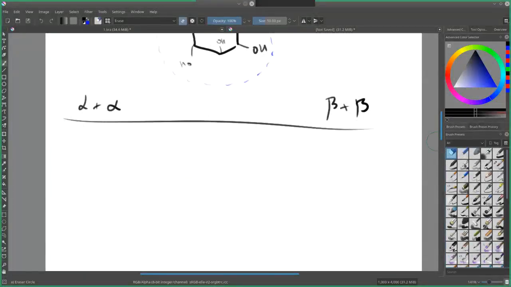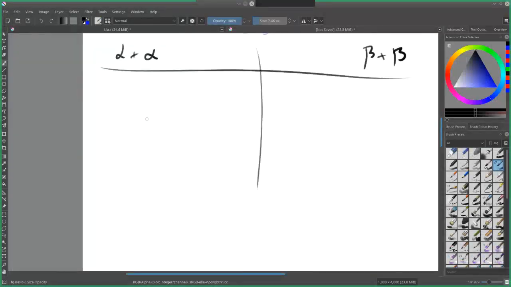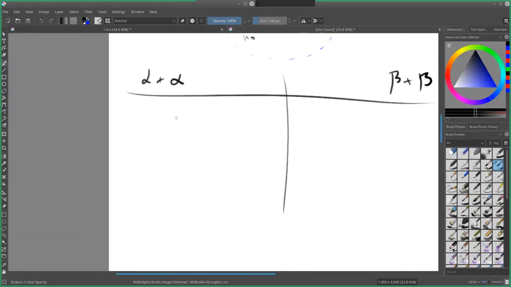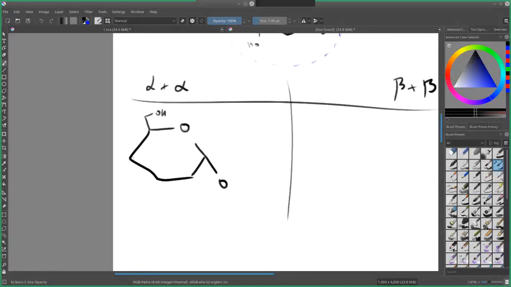It'll look a bit silly, I guess, but we're avoiding dealing with all of the stereocenter difficulties and all of that. So we want this one to be alpha, and so we start up here. This one faces up, and then we alternate.